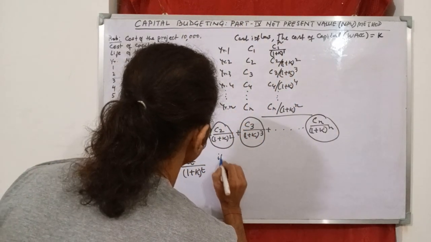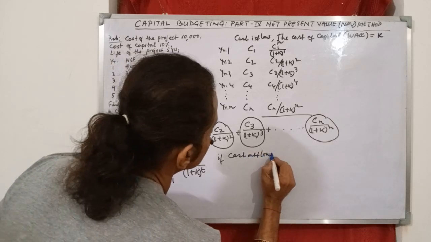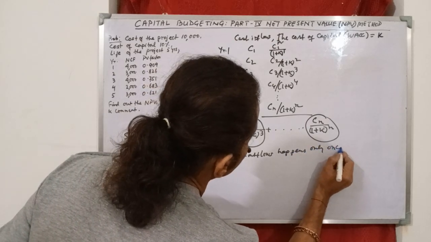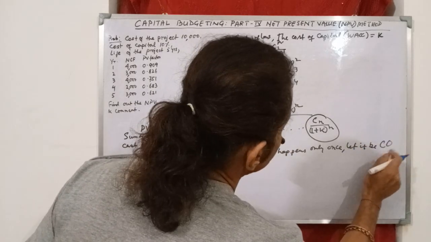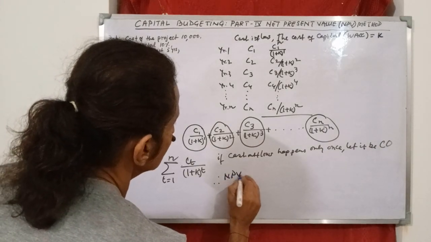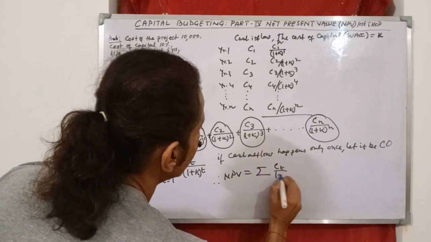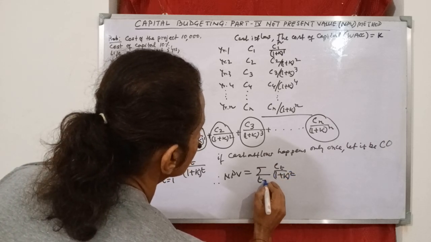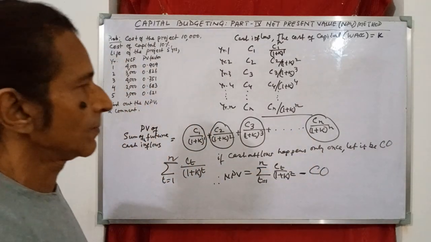If cash outflow happens only once, let it be CO, that is cash outflow, then NPV is equal to sigma Ct divided by 1 plus k to the power t, t equals 1 to n, minus CO. Correct?